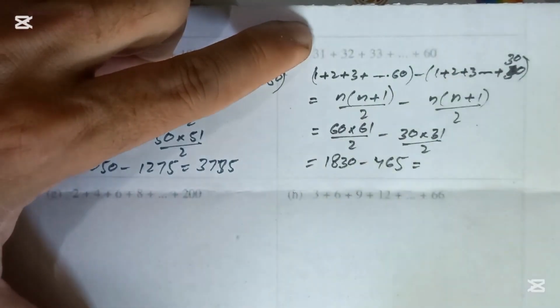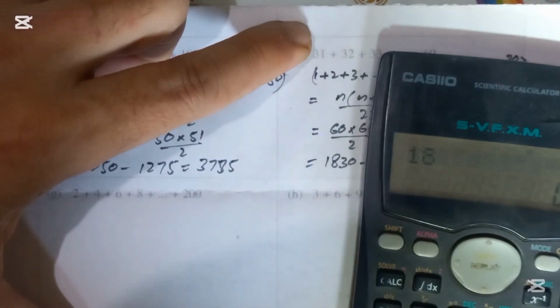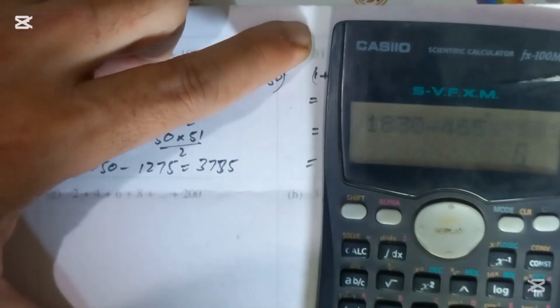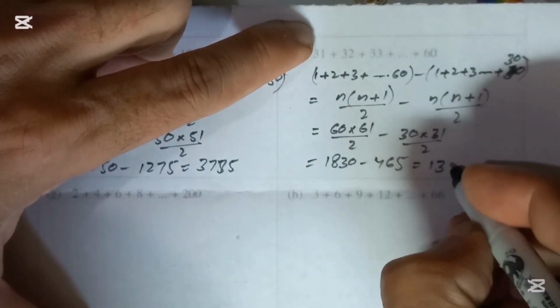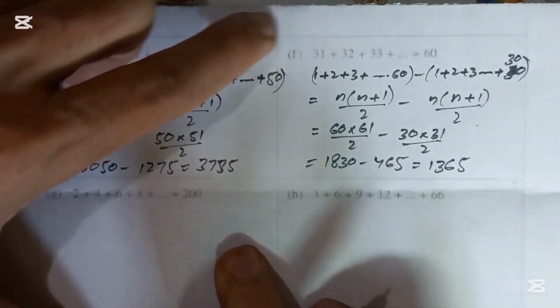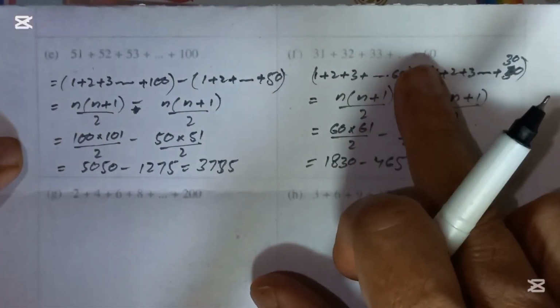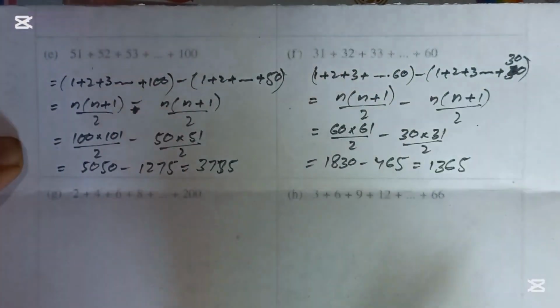And after solving it, 1830 minus 465 is equal to 1365. So this is the method for these kinds of questions. If natural numbers are there, but not starting from 1, you have to make some trick.